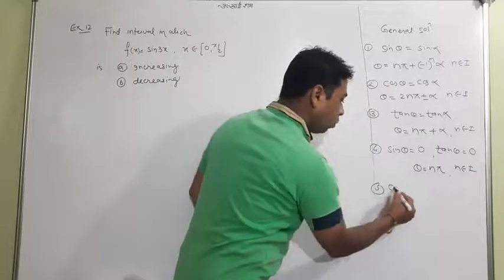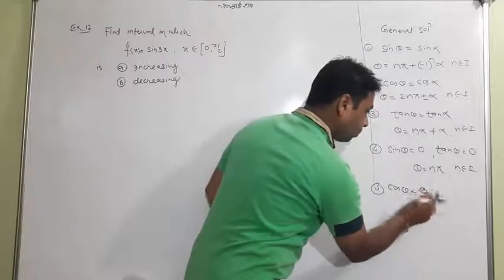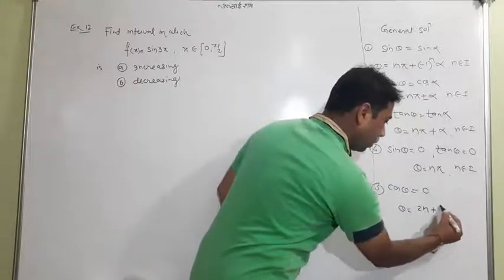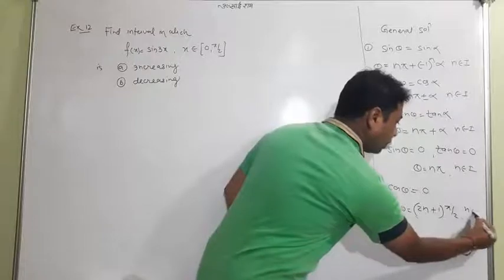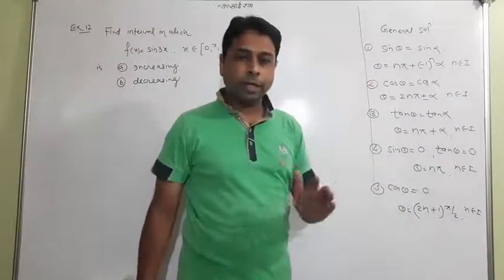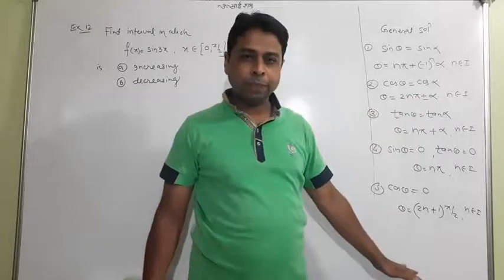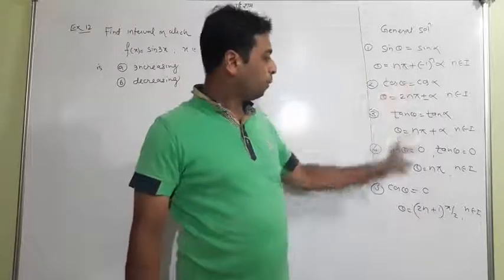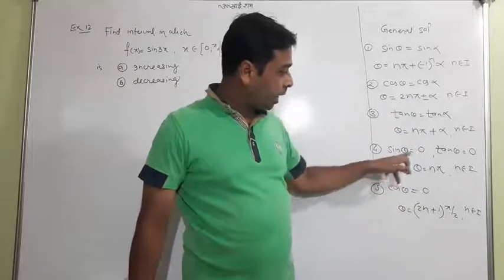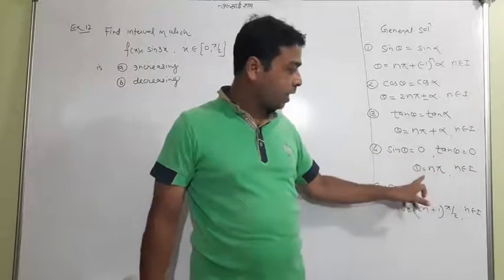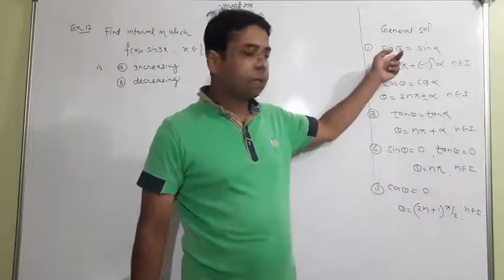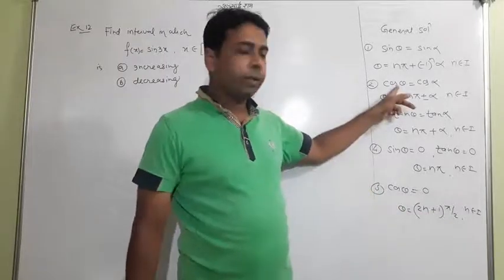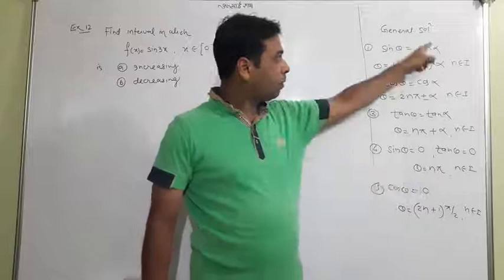And fifth formula, cos theta is equal to 0, then theta is equal to 2n plus 1 pi by 2, where n belongs to I. So keep these 5 initial formulas in mind. When sine theta or tan theta equals 0, the answer is directly theta equal to n pi. We need not compare with the general formula. When cos theta is equal to 0, theta is directly this answer, and we don't need to compare. Except 0, if anything else is coming, we have 3 formulas.